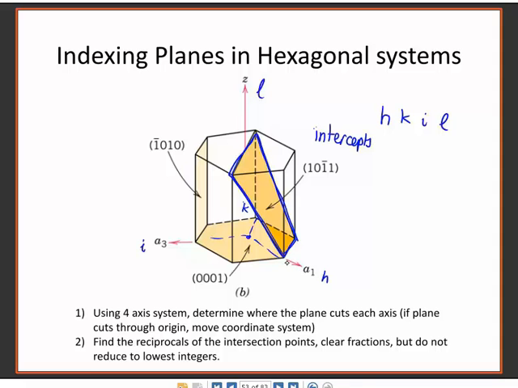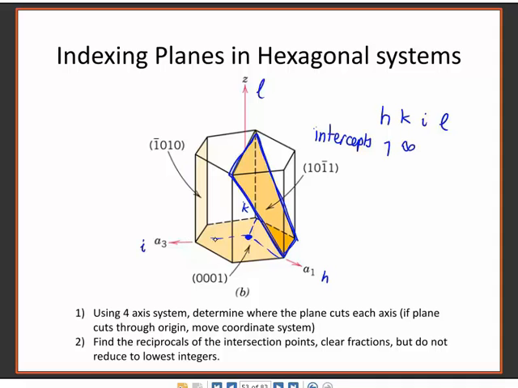We can see the plane is cutting the H-axis at 1. So this is our origin, and we see it cuts it right here at 1. It doesn't cut the k-axis at all, or it will cut it at infinity because it's parallel to the k-axis.